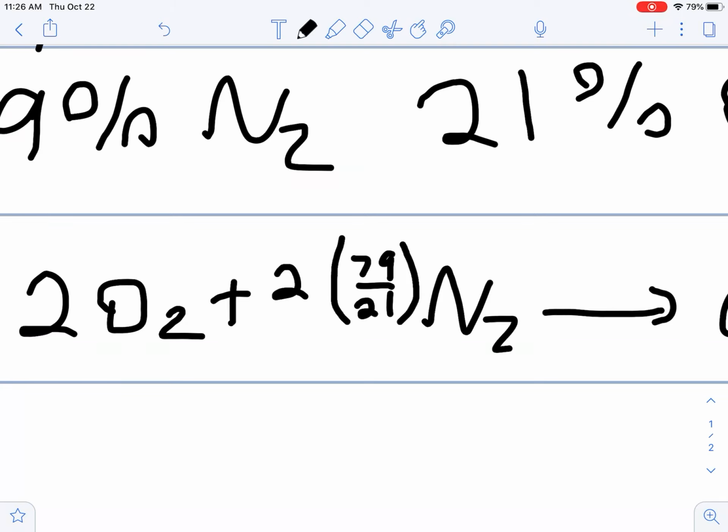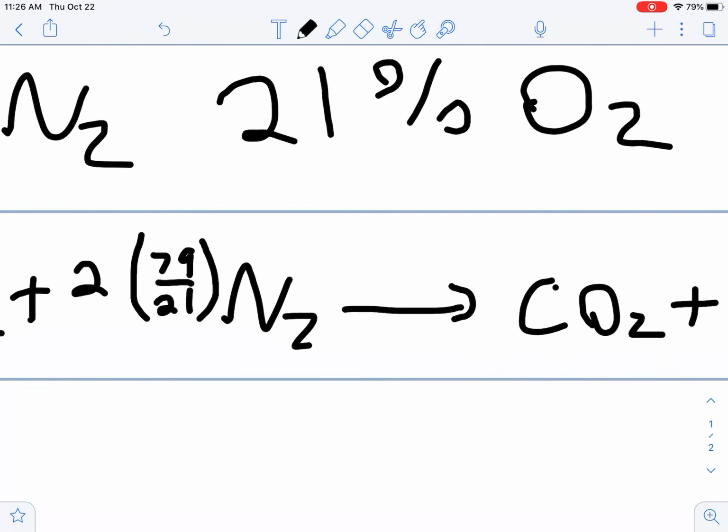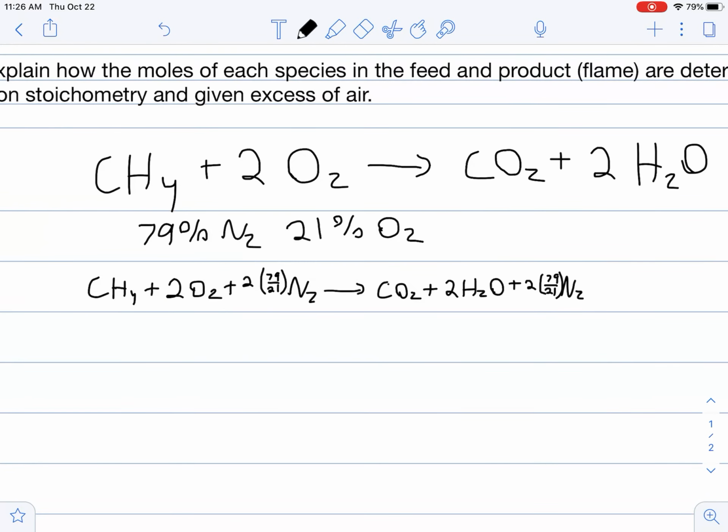And because in our original equation there was no nitrogen, nothing gets used up. So the same amount of nitrogen that we started with, we end up with. So we come over to our product side and we write down that same number, 2 times the ratio, 79 to 21, just like that. So this equation has 0% excess because we don't have any excess oxygen at the end.